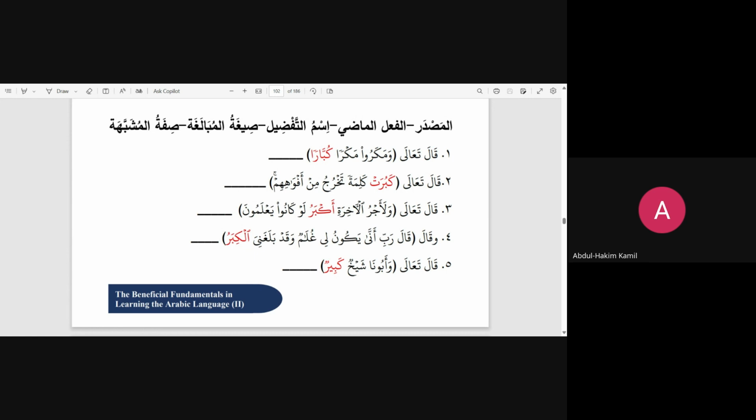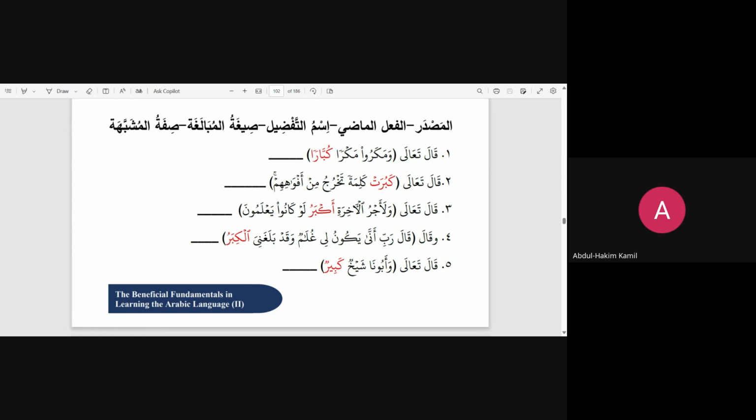Next one. Wa qala Allah. It's all right to say wa qala. قال ربي أنى يكون لي غلام وقد بلغني الكبر. Anna means كيف. Anna yakunu li ghulam.